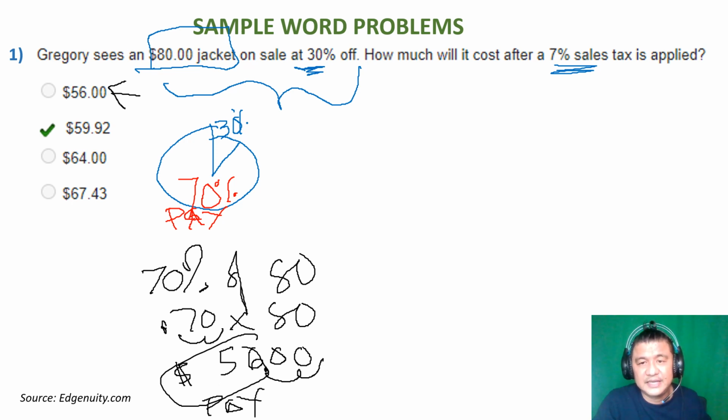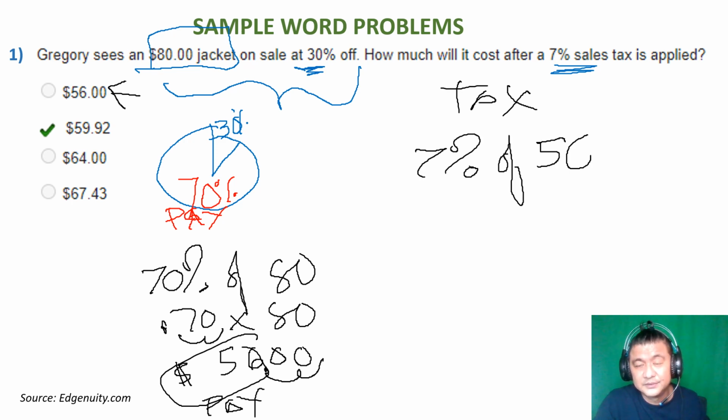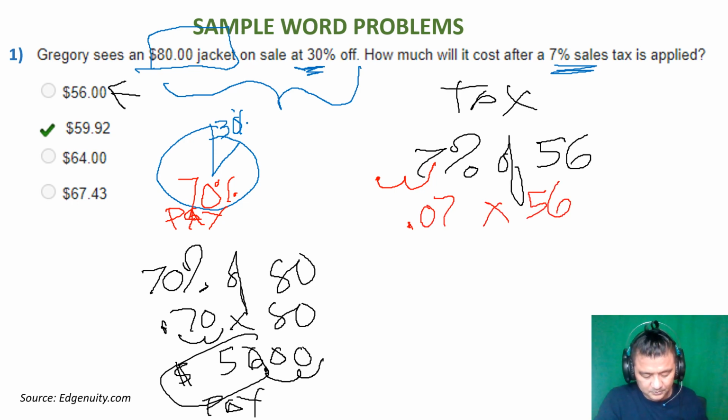How do I solve for the tax? Here we go. Tax. I'm writing an expression here. I want to know 7% of what? Of that 56. All right. So again, I use the decimal, 0.07 times 56. And if you multiply 0.07 times 56, you will get $3.92.